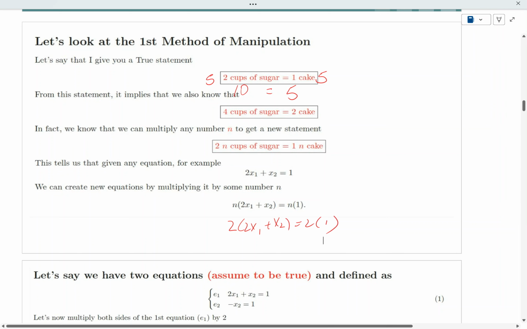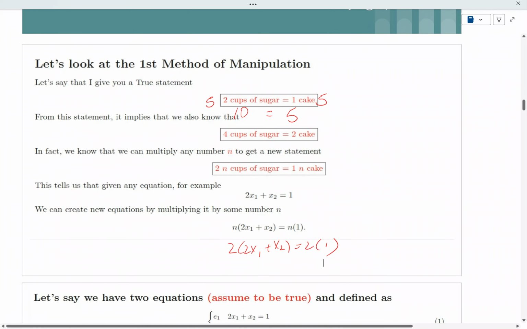So the first method of manipulation is essentially that if you have an equation like this, if you multiply the same number on both sides, like 7, 7, the equation is still equivalent, right? The truth is still true.